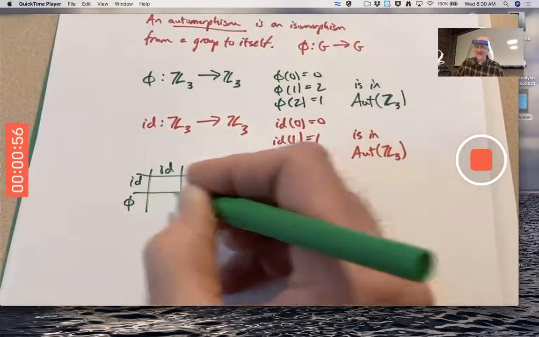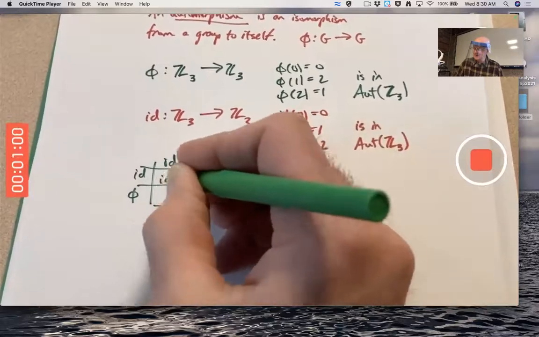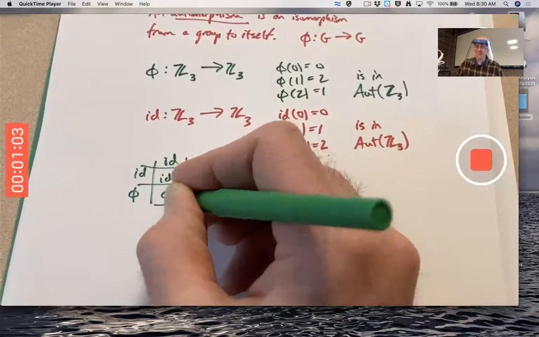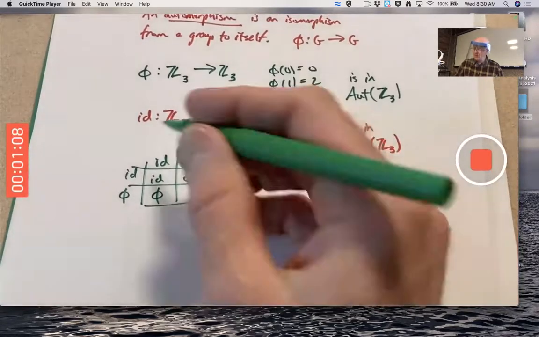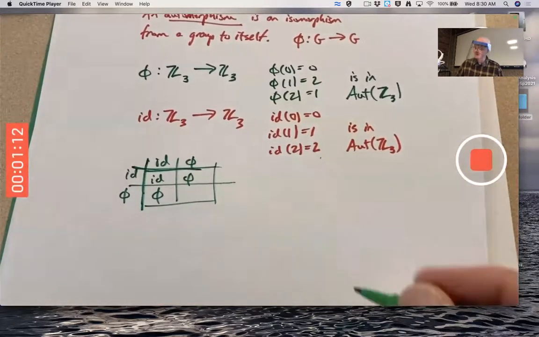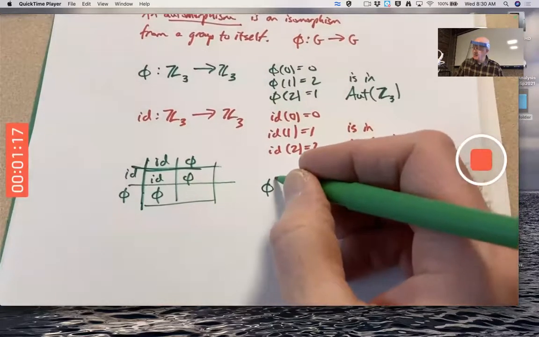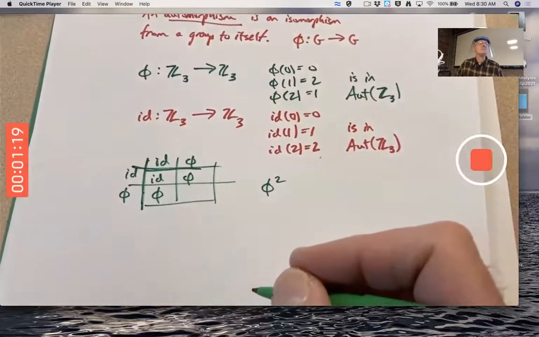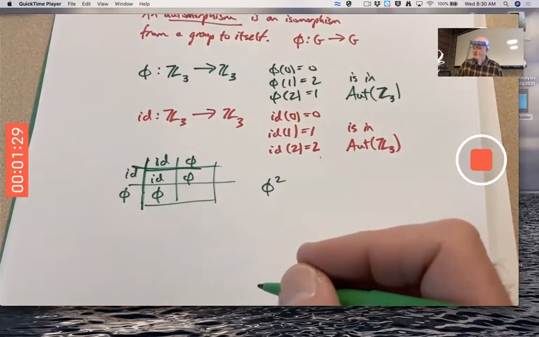I hope it makes sense that ID is the identity element of this group. The only question is, what is phi composed with itself? Phi squared, if you will. But the squaring is for function composition, not a literal squaring in the usual sense.